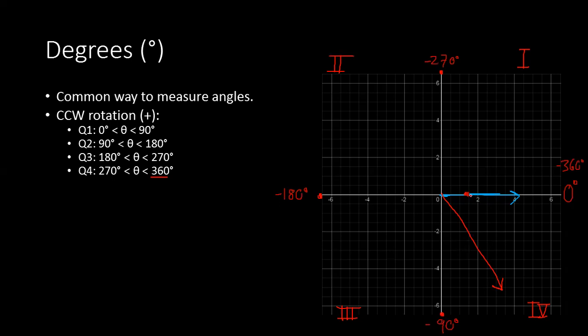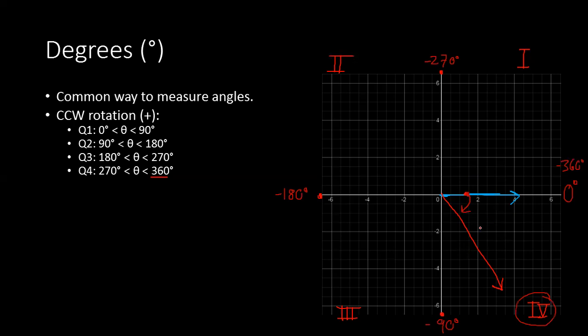Let's just say you start on the initial side, then you form an angle in the fourth quadrant. When you start moving the terminal side in a clockwise rotation, the first quadrant that you will approach is the fourth quadrant.